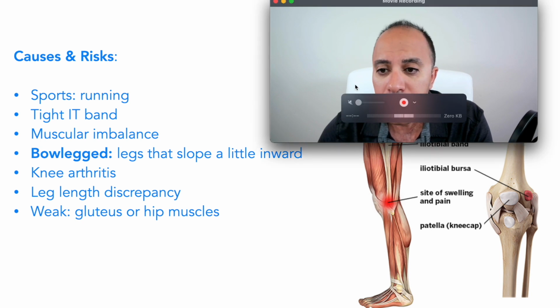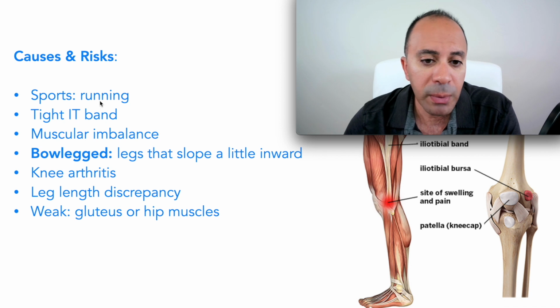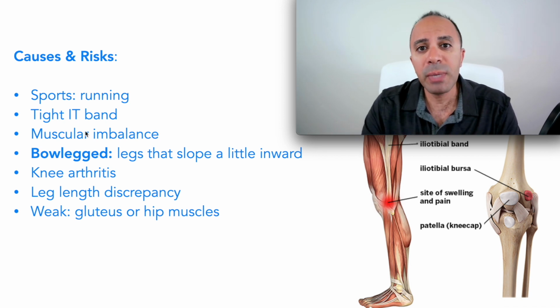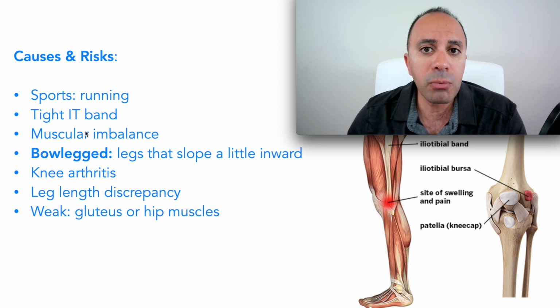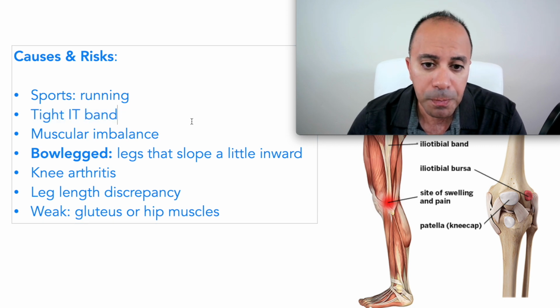So the causes of IT band syndrome. One of the main causes is running. If you have a tight IT band to begin with and you start to run and do sports activity that requires running and jumping, that will increase your risk of having IT band syndrome.